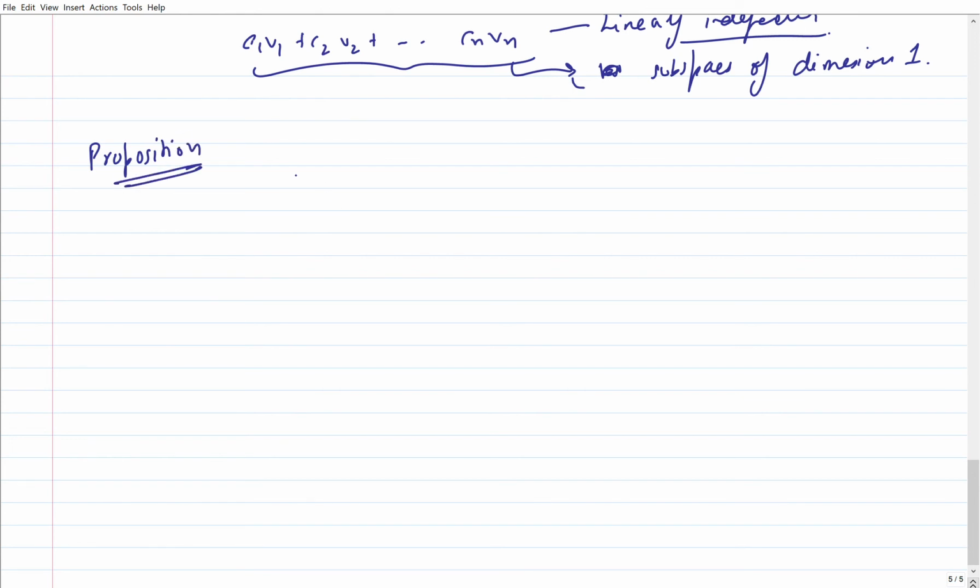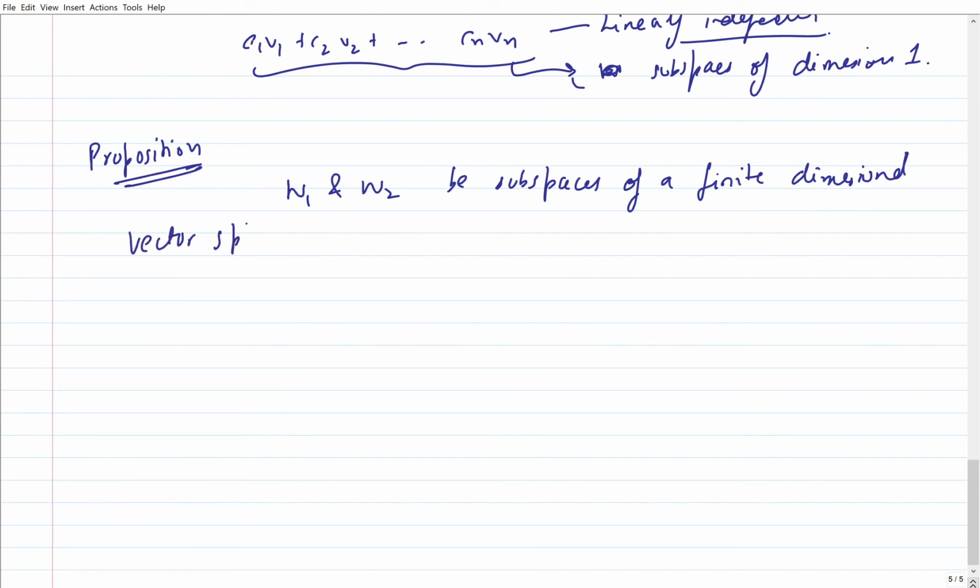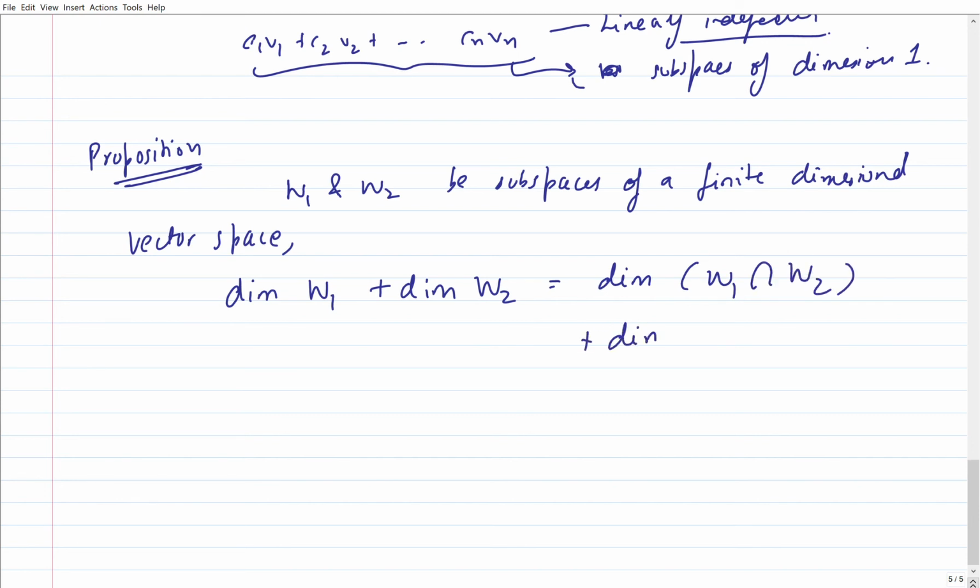It says: let W1 and W2 be subspaces of a finite dimensional vector space, then dimension of W1 plus dimension of W2 is equal to the dimension of the intersection plus the dimension of the span, the sum.